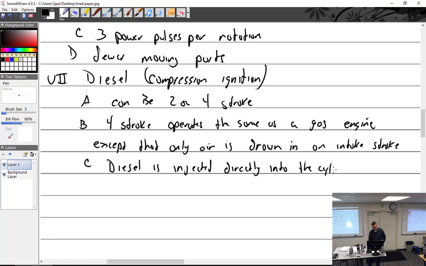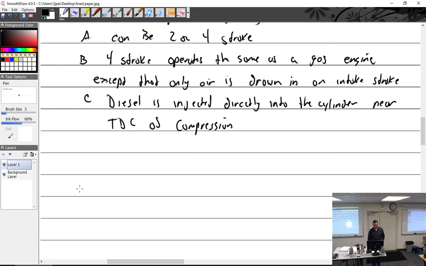Near top dead center of compression. Would this kind of engine be less according to carburetors? Oh yeah, there would be none. Yeah. Not a thing of the past. Yeah. In the cylinder near top dead center of compression.